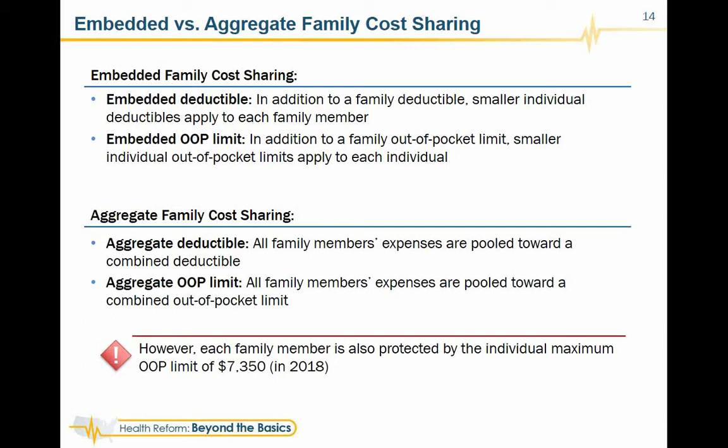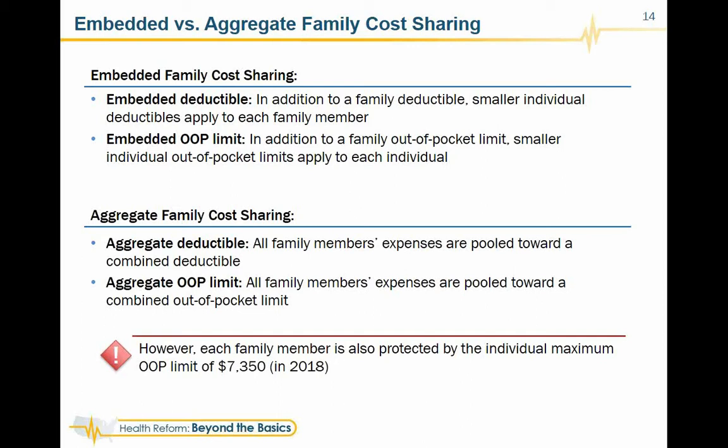So with an embedded deductible, as you can see at the top of the slide, in addition to the family deductible, there are smaller individual deductibles that apply to each family member. And embedded family cost sharing also usually comes with an embedded out-of-pocket limit. So there's that larger family out-of-pocket limit, but then smaller individual out-of-pocket limits that apply to each individual enrolled in the plan.